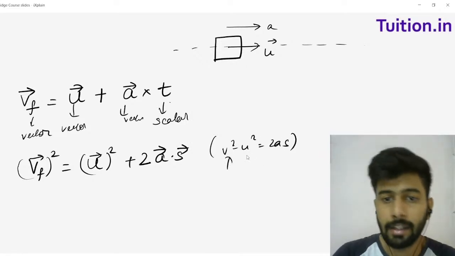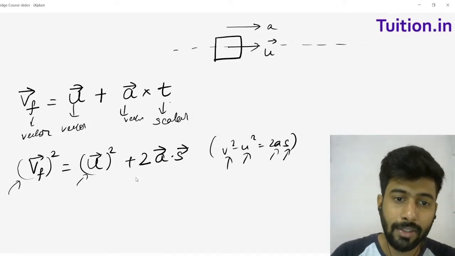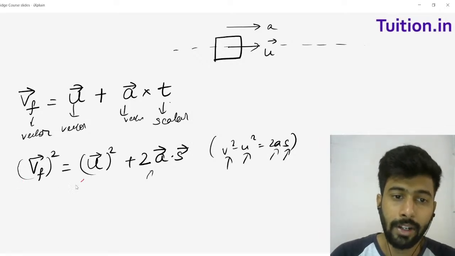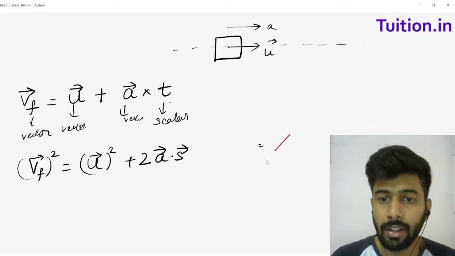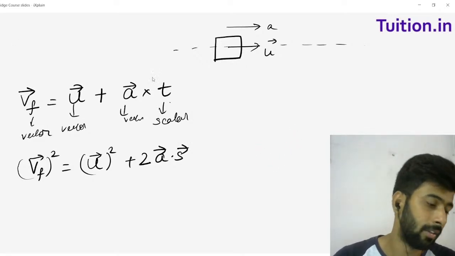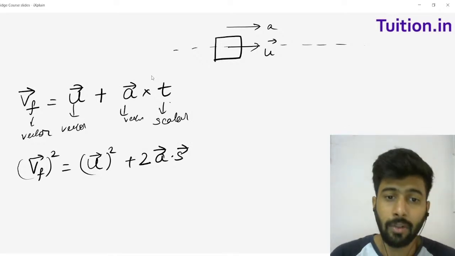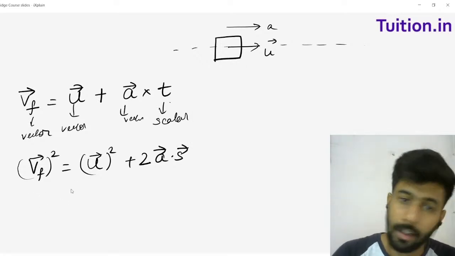Instead of treating them as numbers, as scalars, now I am treating them as vectors. Because now we have learnt vectors and we know that every physical phenomenon will be represented using vectors. Wherever the given physical quantity is a vector, we will have to represent it using a vector. This is the second equation.